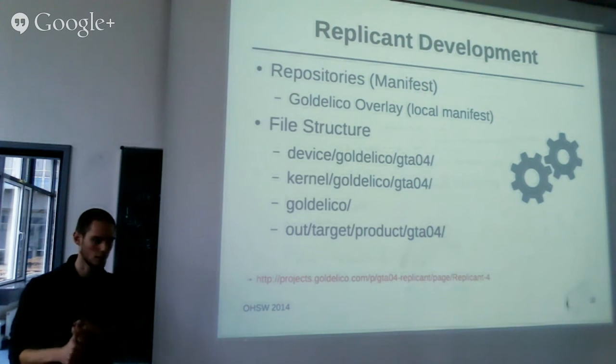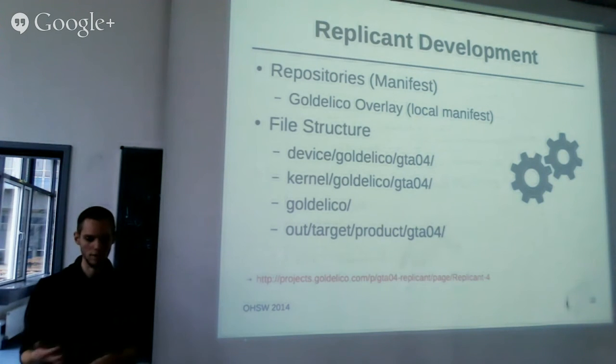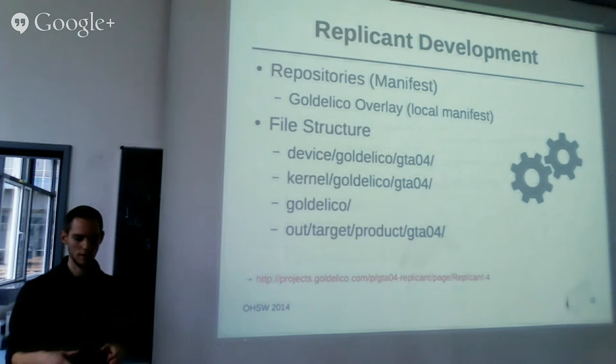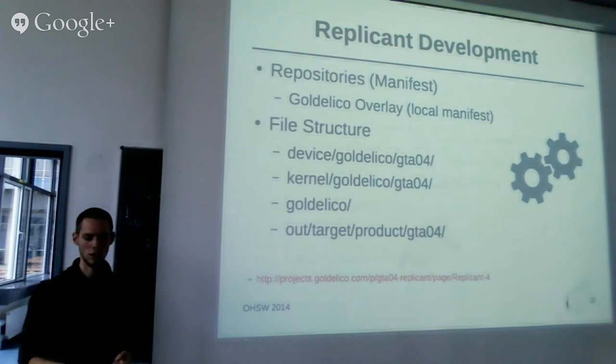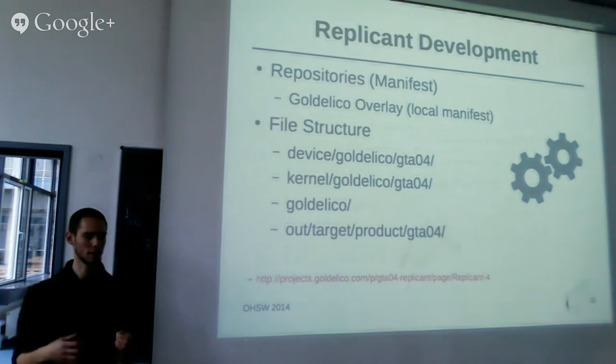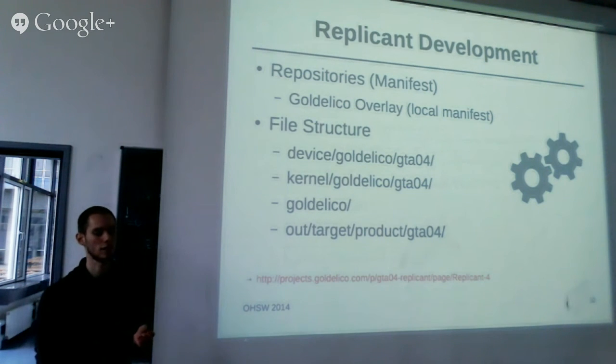This contains the kernel, the drivers, the pre-installed apps, the system, the sound system, the graphic system, everything's included. At the beginning you download this small XML file, and then there's a special tool called repo, and this tool will then look into the XML file and download all the repositories which are needed.